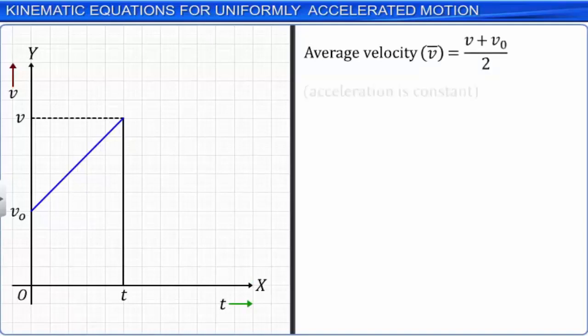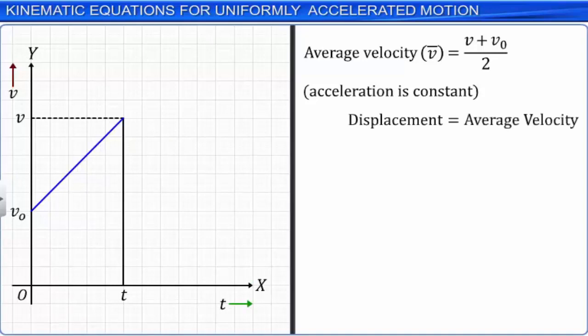From equation 1, v is the sum of v naught and at. By rearranging the equation, we get time t equal to the ratio of the difference of v and v naught and a.